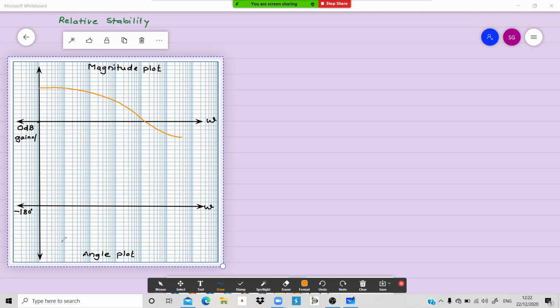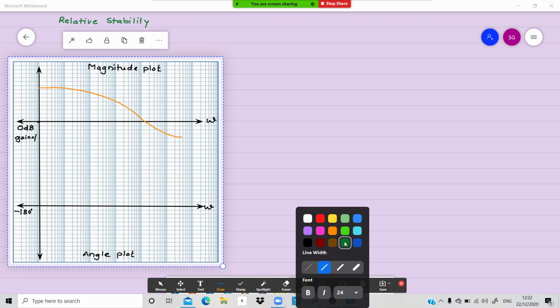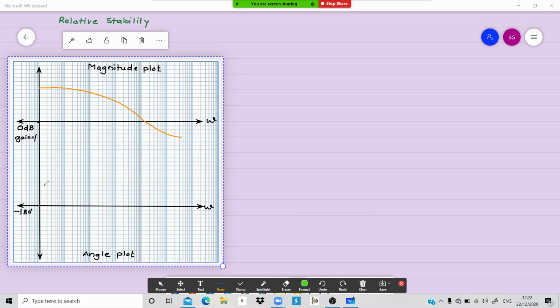Let us say this is the magnitude plot, and this is the angle plot which you got. From this we want to learn now what GM is and how we can read it. Once it is fixed in your brain, you will find it's very easy to read from the Bode plot.